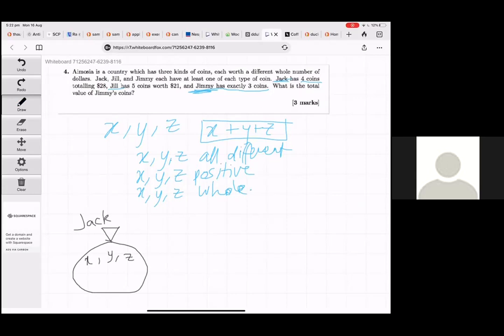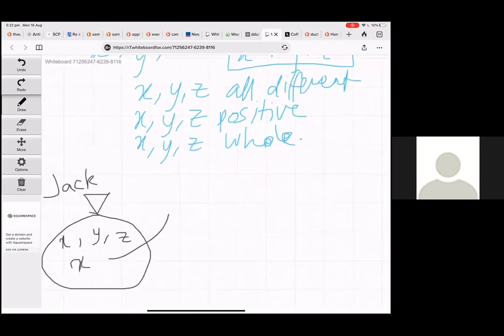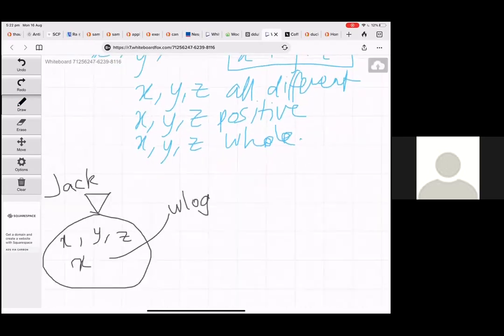There's only one kind of coin composition that Jack can have. So without loss of generality, I'm going to say that Jack has 2 of the X coin. And this is the only scenario that can happen. So basically we'll label X the coin that Jack has 2 of.